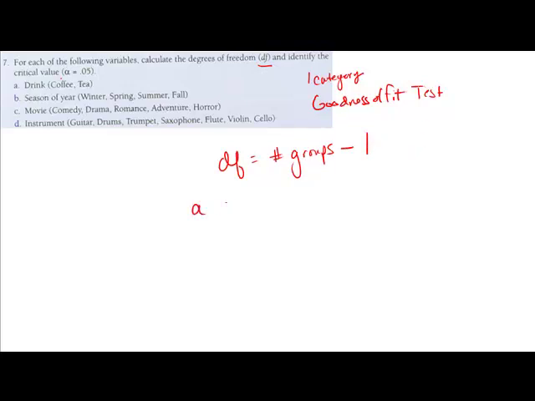So for A, degrees of freedom is equal to the number of groups. I've got coffee and tea, that's 2 groups, minus 1, 1 degree of freedom. For B, degrees of freedom equals number of groups, seasons of the year, there's 4 seasons, minus 1 equals 3 degrees of freedom.